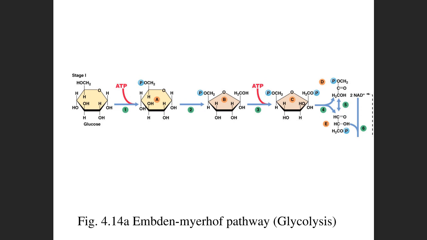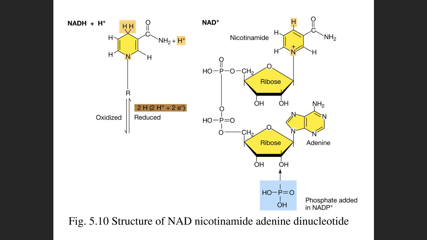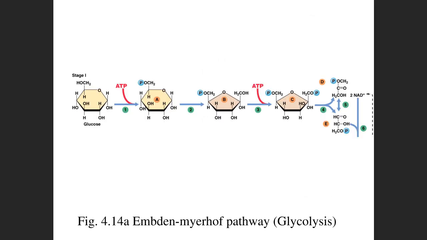So now we have phosphorylated glucose and fructose, and then you get a second phosphorylation. Following that, this intermediate gets split into two. Okay, let me go back. So this molecule gets split into two 3 carbon molecules.